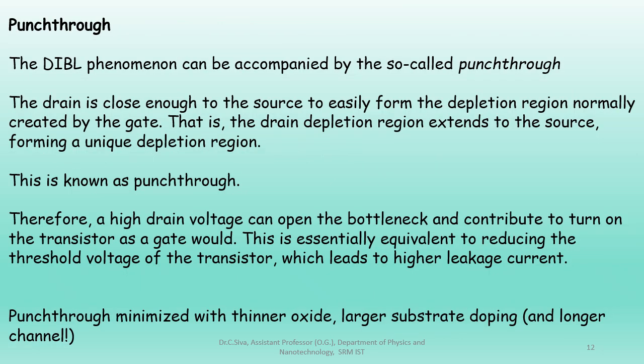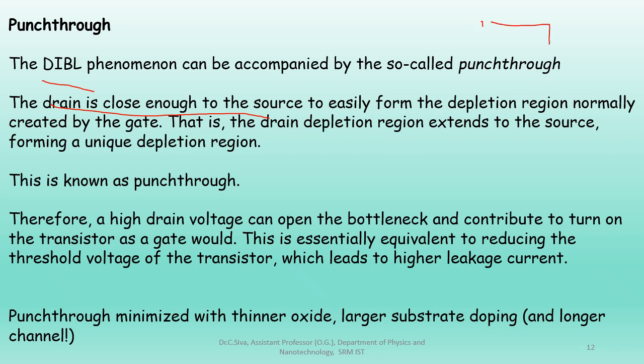Punch through. When the drain depletion region extends to the source region, as we discussed previously, a continuous depletion path forms. This allows current to flow without any gate control.